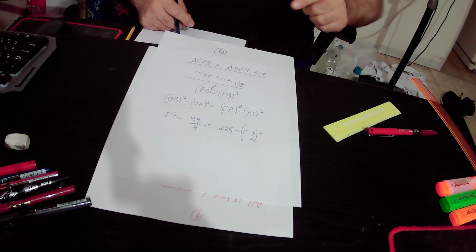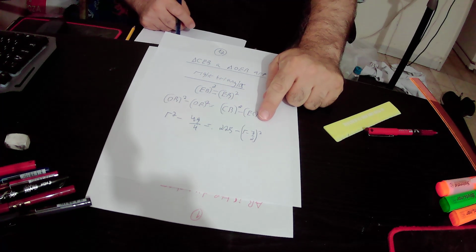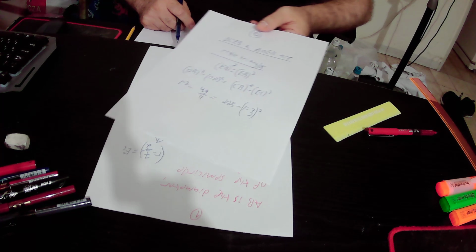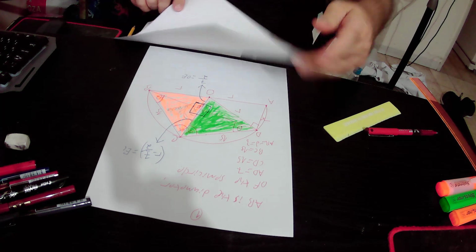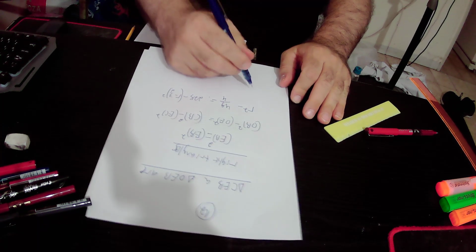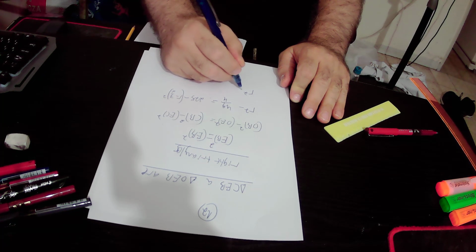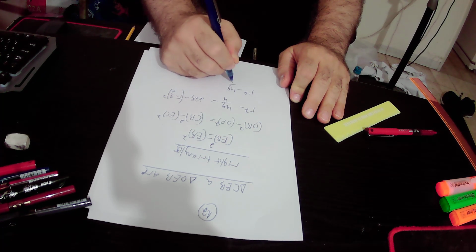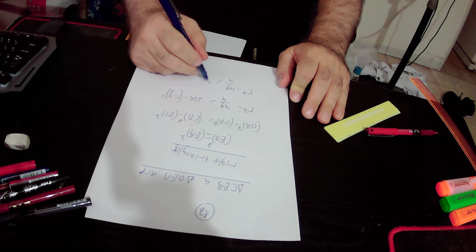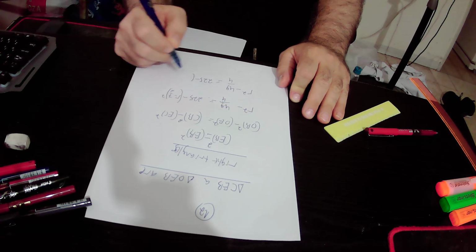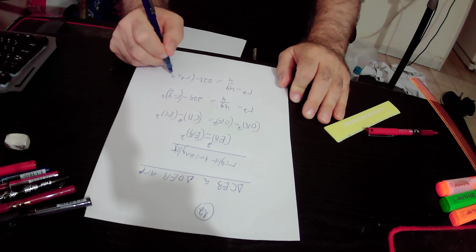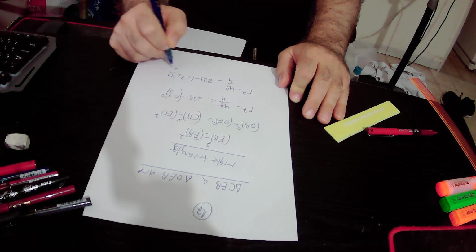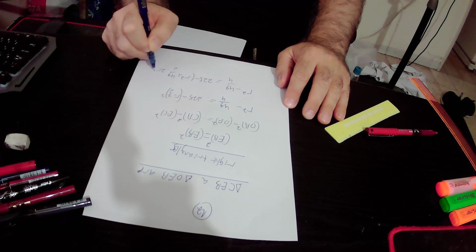So here we will open the brackets and calculate the value of R minus 7 over 2 squared. We will get that R squared minus 49 over 4 equals 225 minus R squared plus 7 over 2 squared, which is 49 over 4, minus 2 times R times 7 over 2.